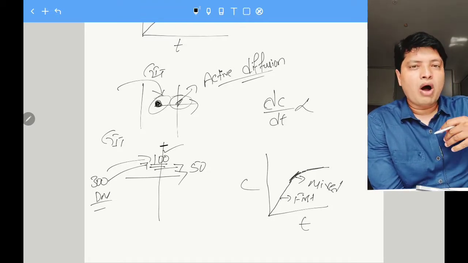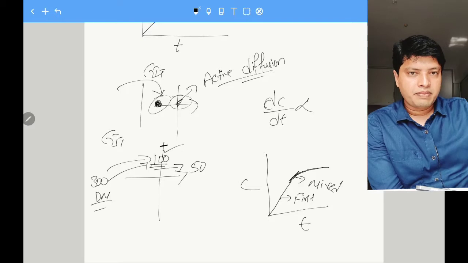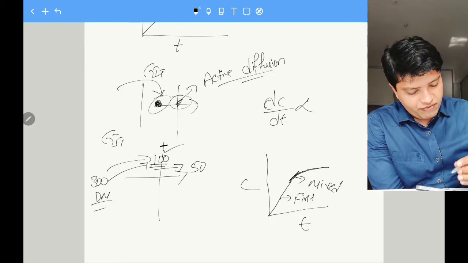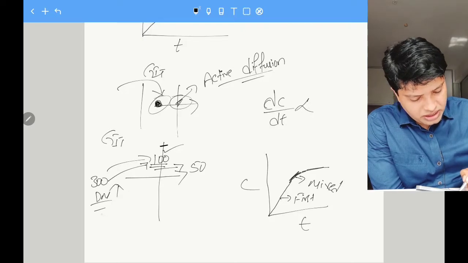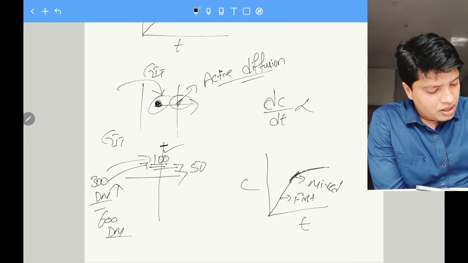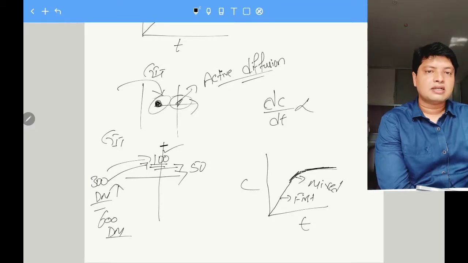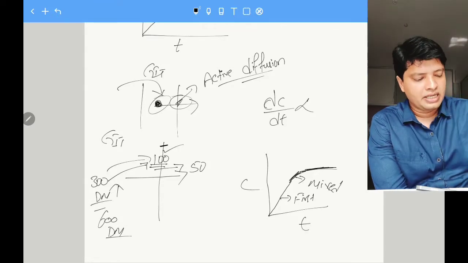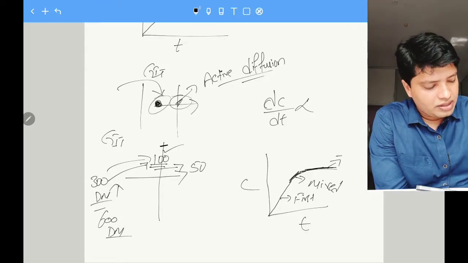And as the time progresses, because all your carriers are being saturated, even if you increase the drug concentration by 600 drug molecules, the change in concentration is constant because all your carrier molecules are saturated. This we call it as zero order.